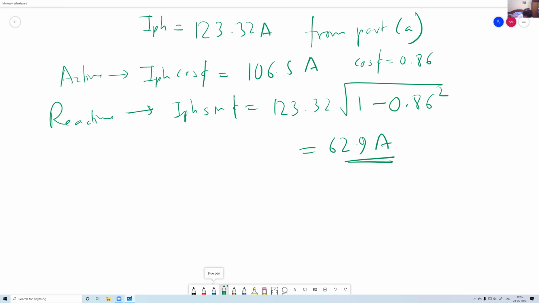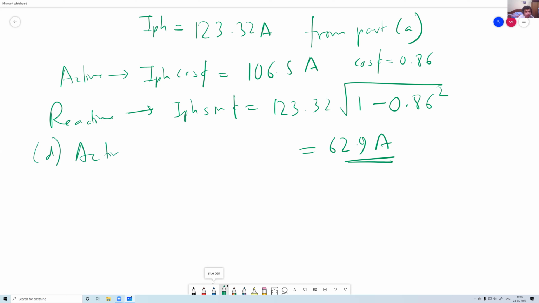And what is the active and reactive currents in the alternator phase, for part D?